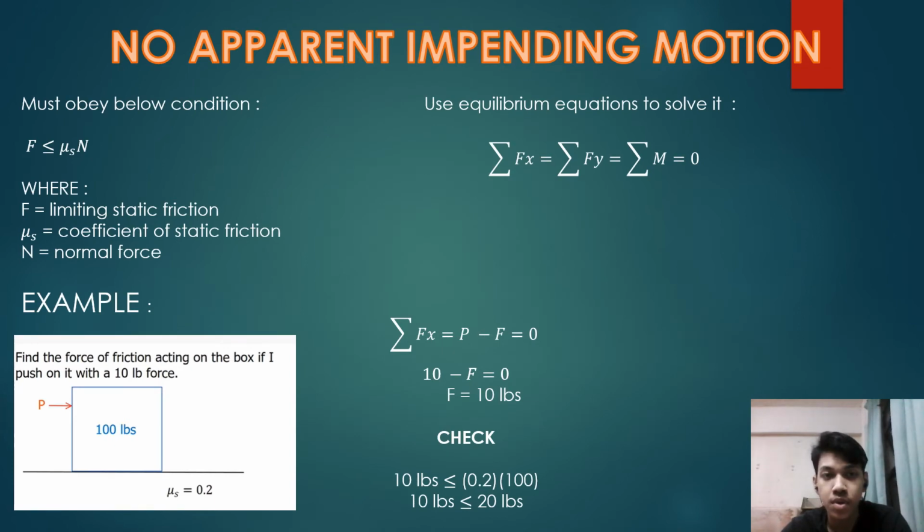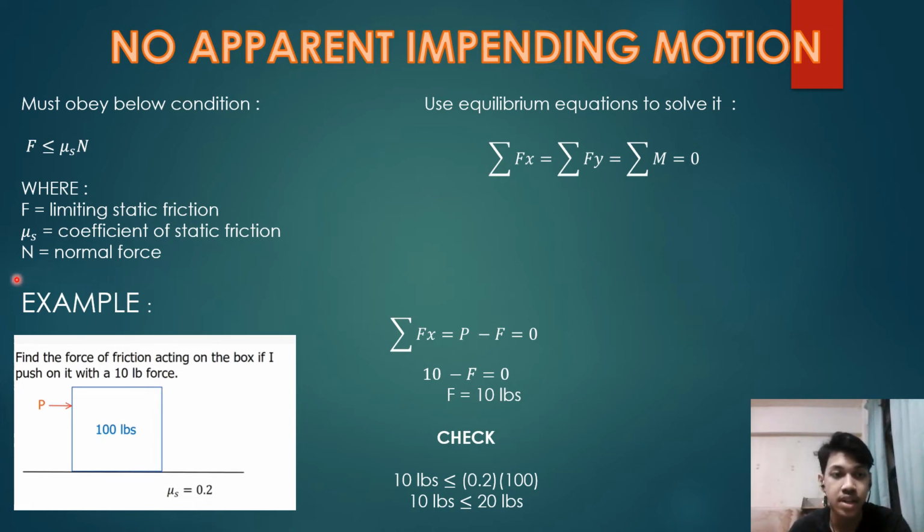For the first case, no apparent impending motion, it must obey the below condition: the force must be less than or equal to the coefficient of static friction times the normal force. To solve this, we can use the equilibrium equations: the sum of forces in the x direction, the sum of forces in the y direction, and the sum of moments are equal to 0.